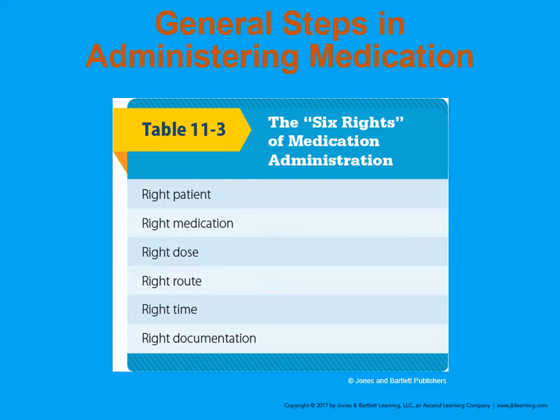You're going to verify the form and the dose of the medication. Right route. You're going to verify that route of medication. Right time. You're going to check the expiration date and condition of the medication. And right documentation. You're going to document your actions and the patient's response.